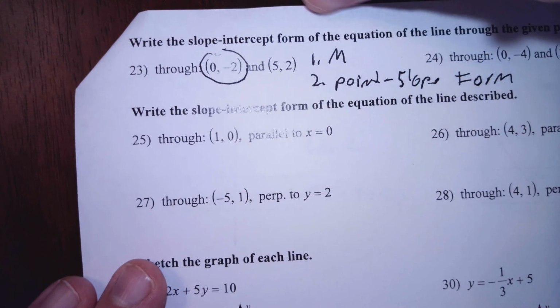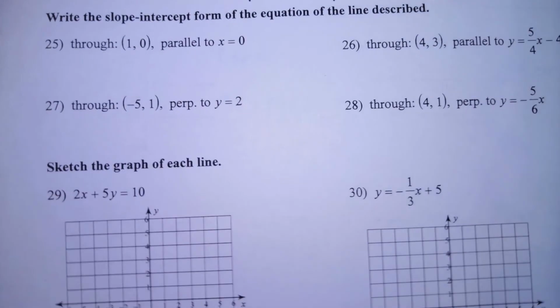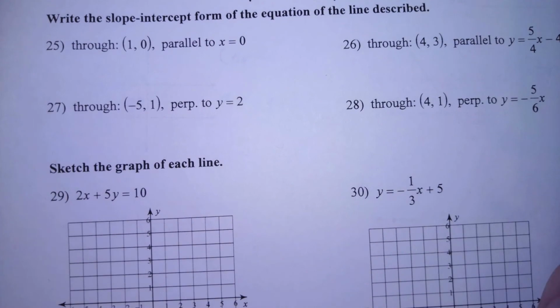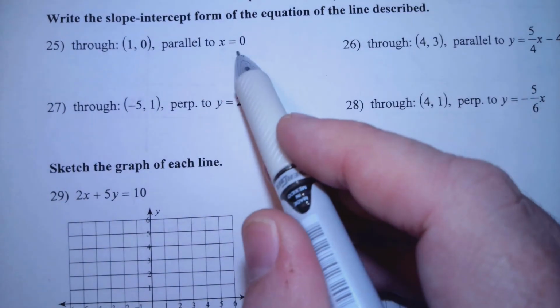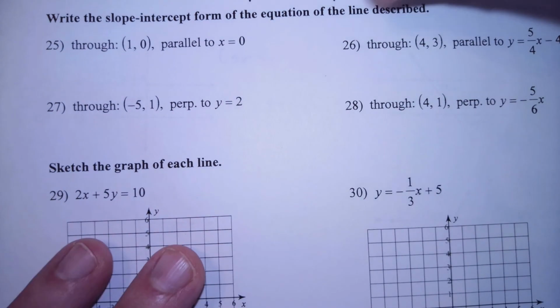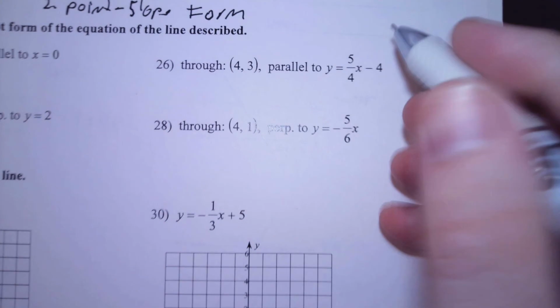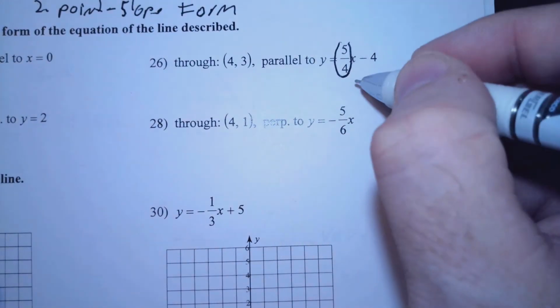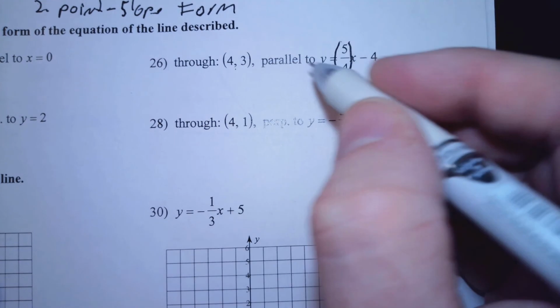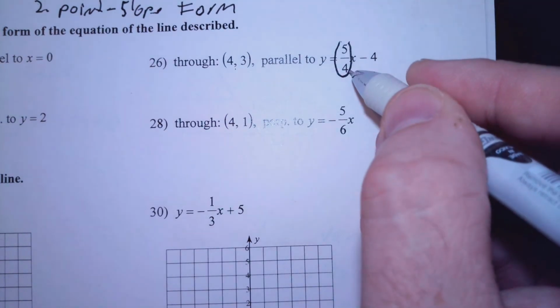All right, parallel lines. Okay, this one's extra easy because it's a 0, so I'm not going to bother with it. Let's see here. So parallel lines, all we need for parallel lines is we need the slope. All right, 4, 3, parallel lines.